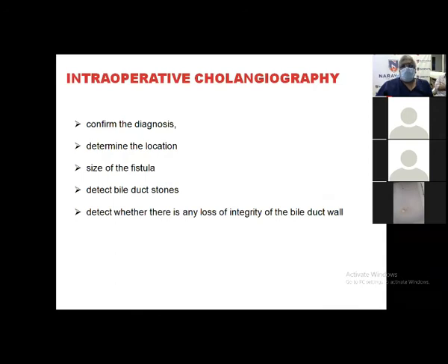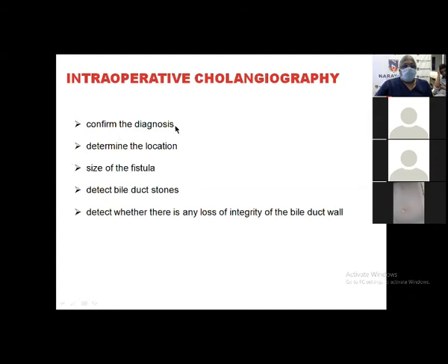Intraoperative cholangiography, I am not very much in favor. I believe in my preoperative assessment and in my fingers rather than a cholangiography, because false positives are more in cholangiography if you are not careful. You are likely to inject air, which will mimic a stone and confuse you.